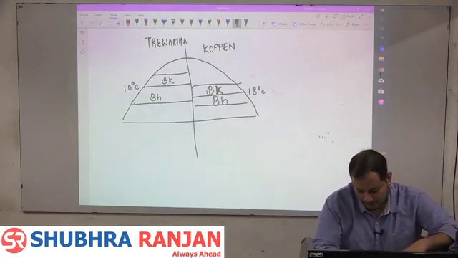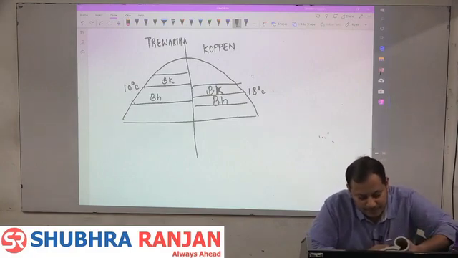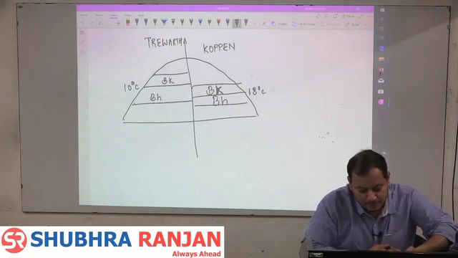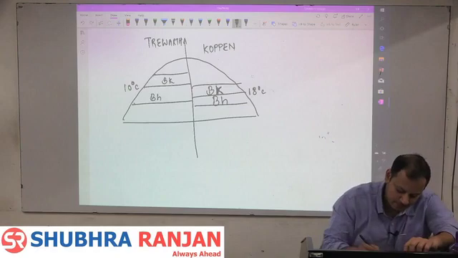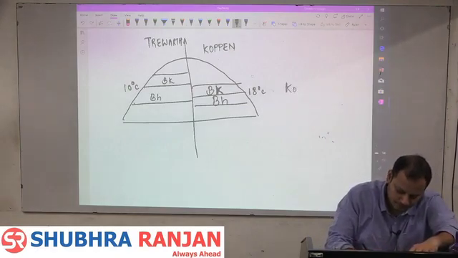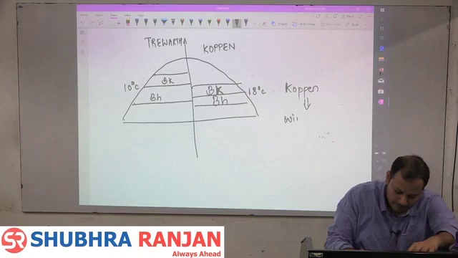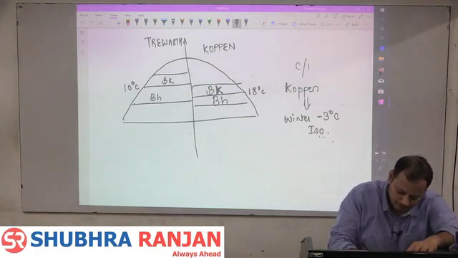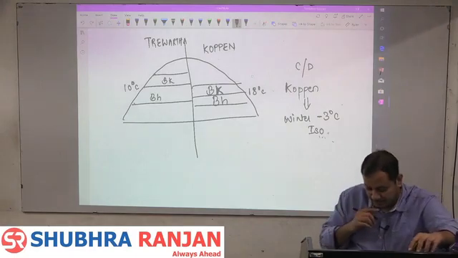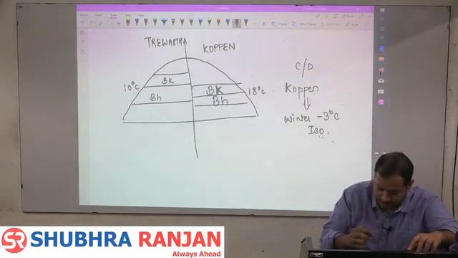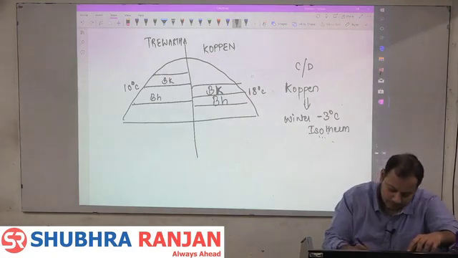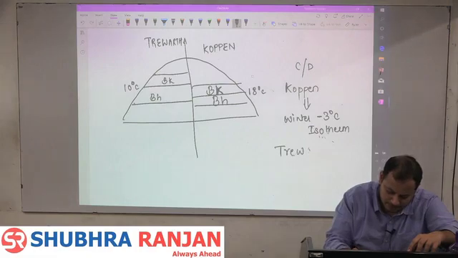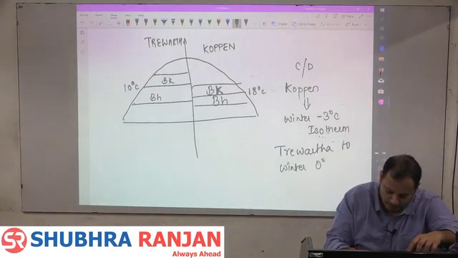Next point. For the boundary between C and D type of climate, Köppen considered winter -3 degrees Celsius isotherm, which was changed by Trevartha to winter 0 degrees Celsius isotherm.